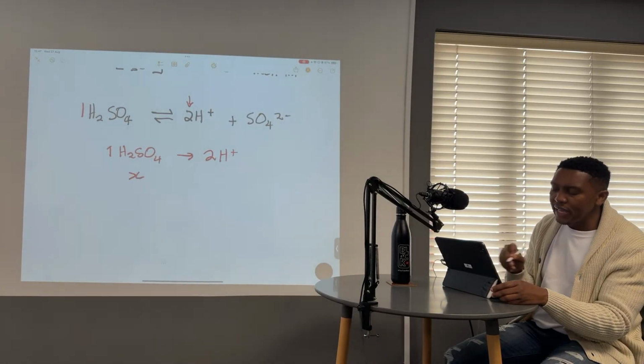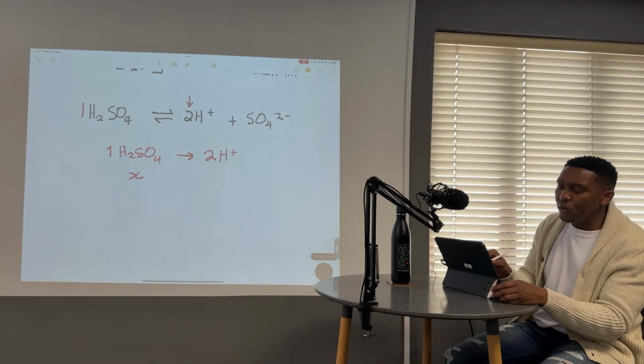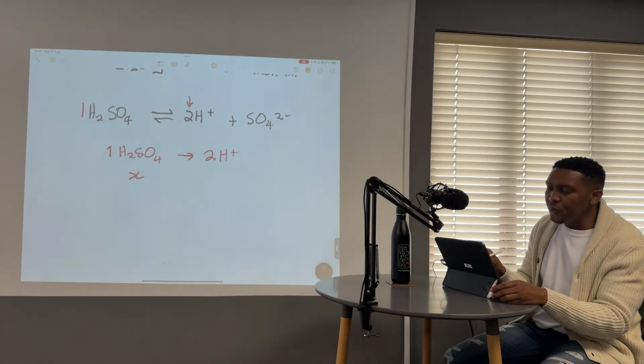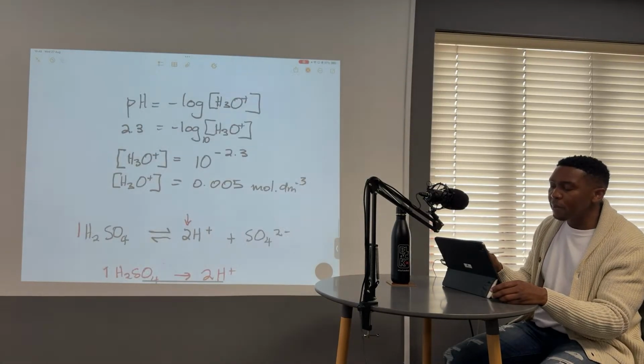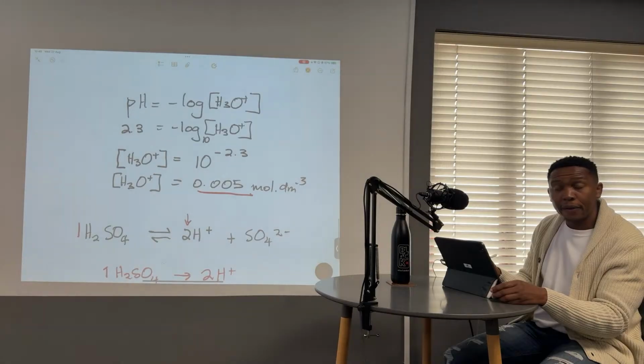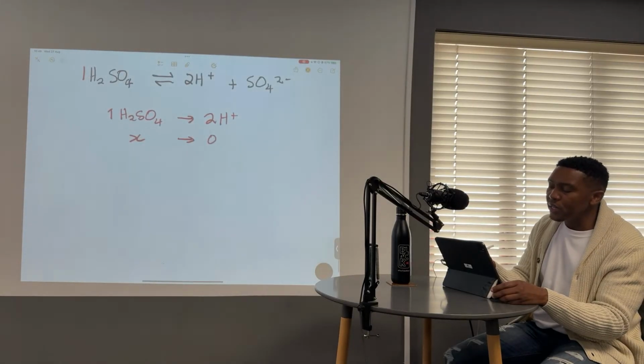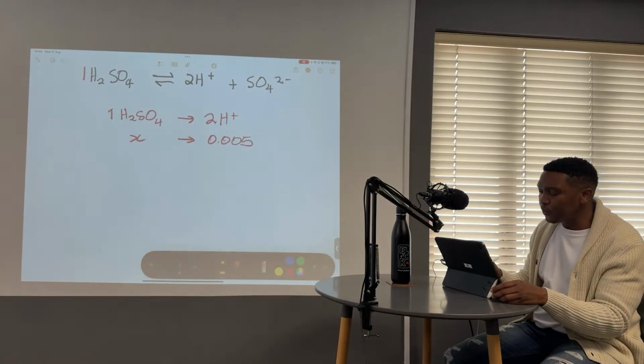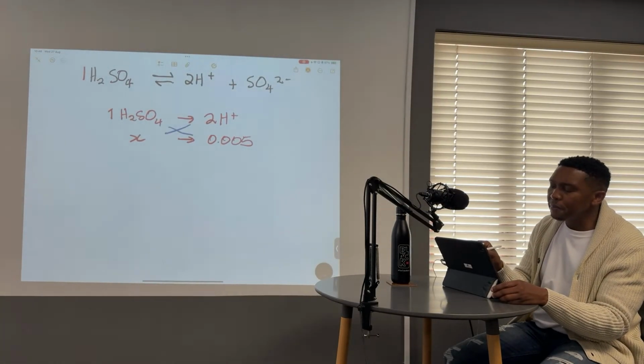I'm going to make it X. Or what is the concentration of sulfuric acid if the concentration of hydronium ions, that's what we found here, right, is 0.05? So what we do is cross multiply.